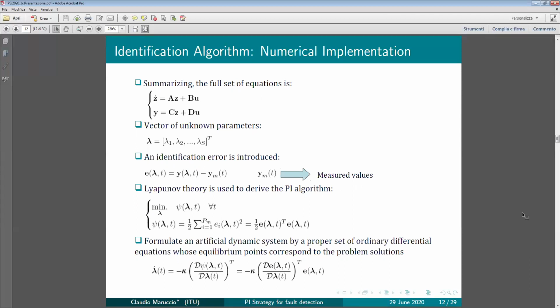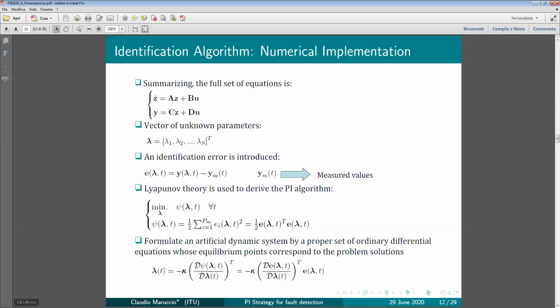Then, since we want to use Lyapunov theory to derive the parameter identification algorithm, we introduce an energy function that contains the sum of the errors, e_i, and it is a quadratic form. Furthermore, we force the evolution of the vector of unknown parameters to follow this expression.